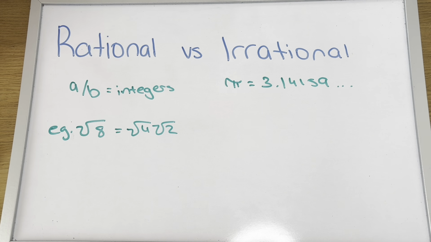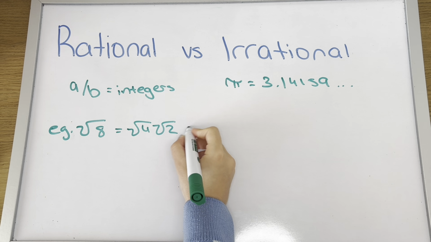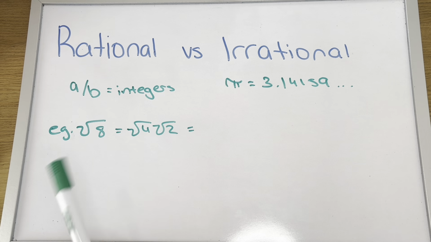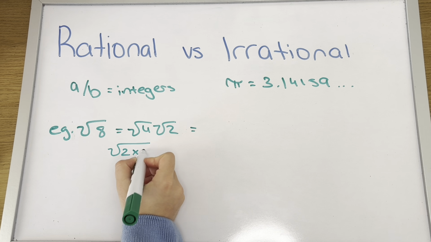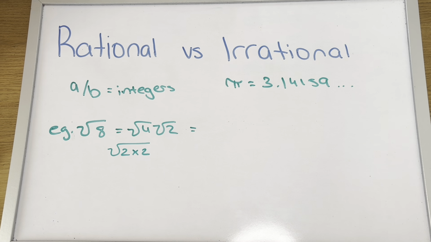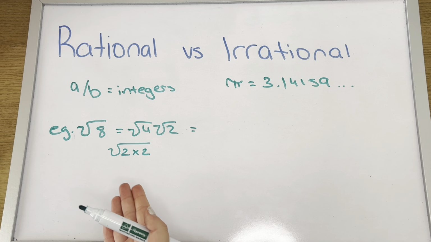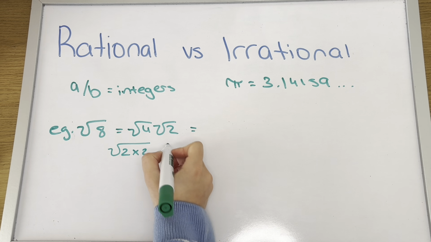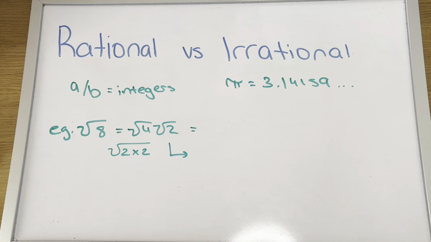Now to simplify this even further, the surd of 4 is a perfect square, so it can be broken down again. 2 multiplied by 2 will give us 4, so the square root of 4 is rational. But the square root of 2 we can't break down any further. It's not a perfect square, so it's irrational.